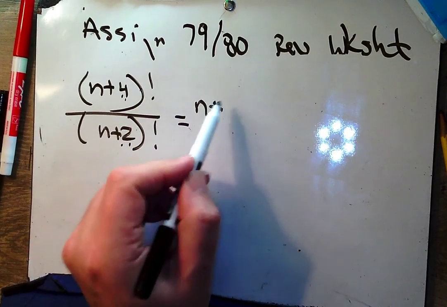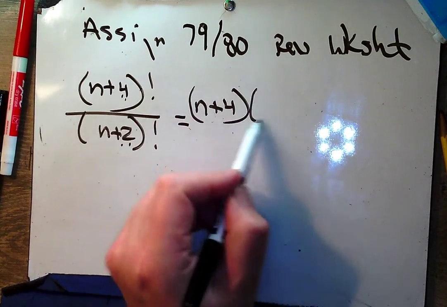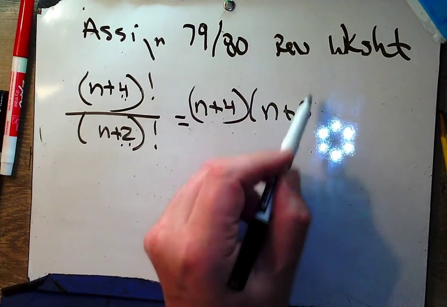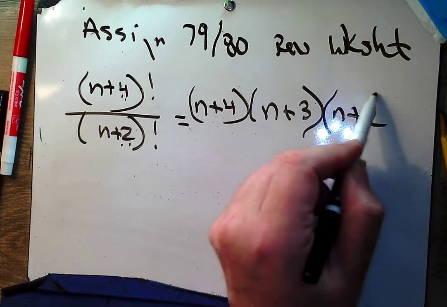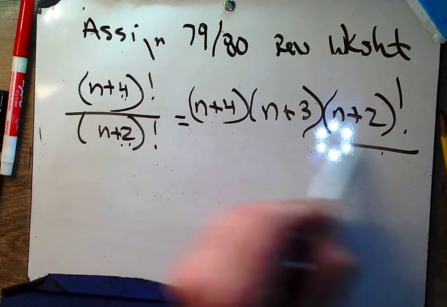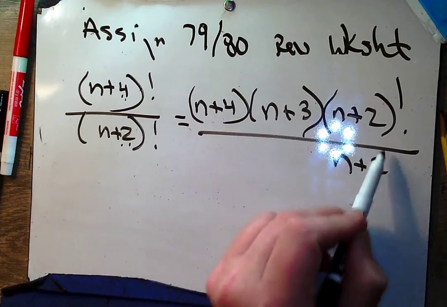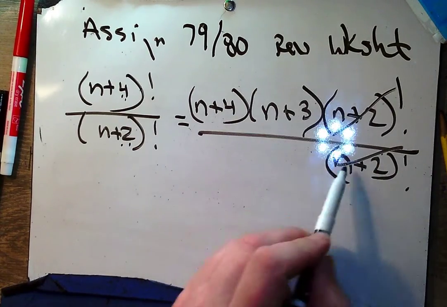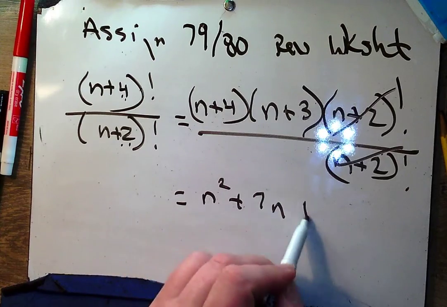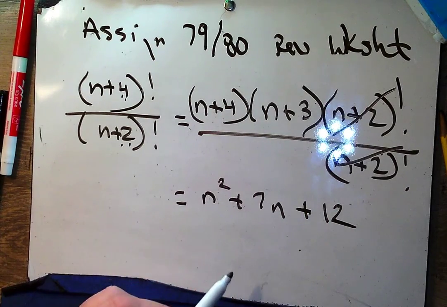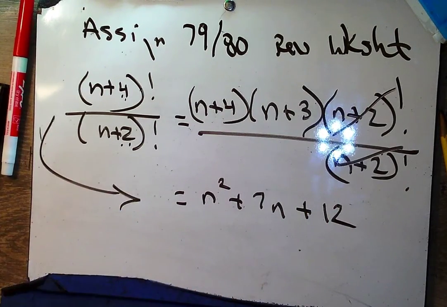So I'm going to have n plus 4 times 1 less than that, n plus 3 times 1 less than that. Ooh, look, n plus 2. And I'm going to stop there because that's what I have on the bottom. Those can cancel, and I'll be left with n squared plus 7n plus 12. That's my simplified version.